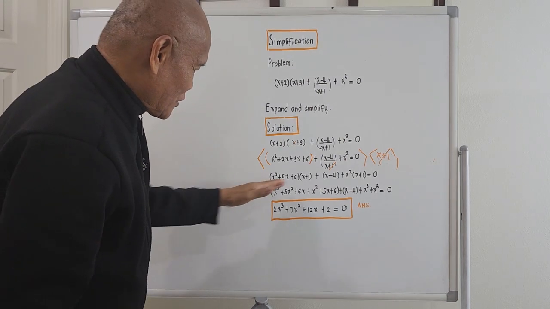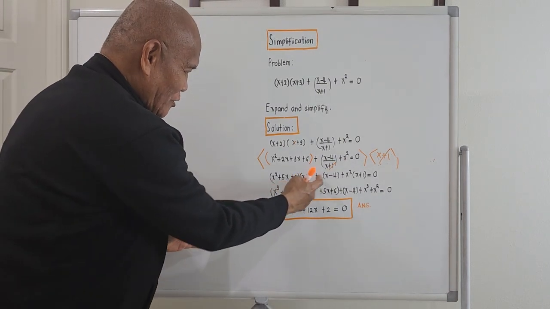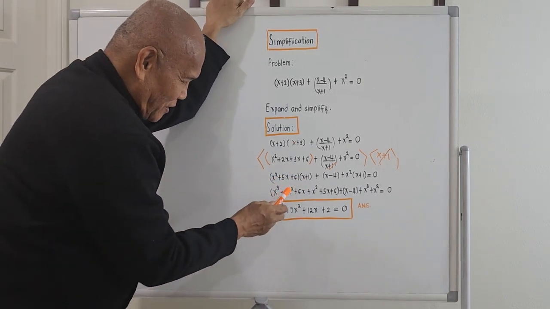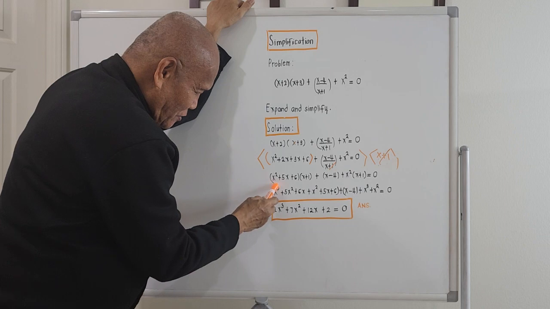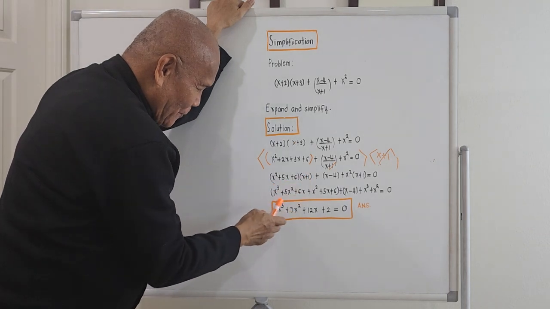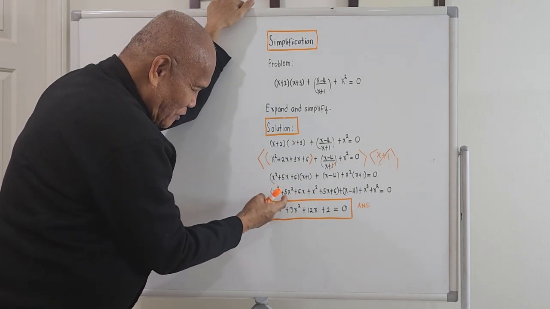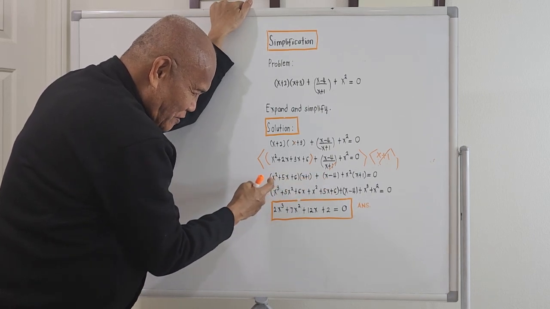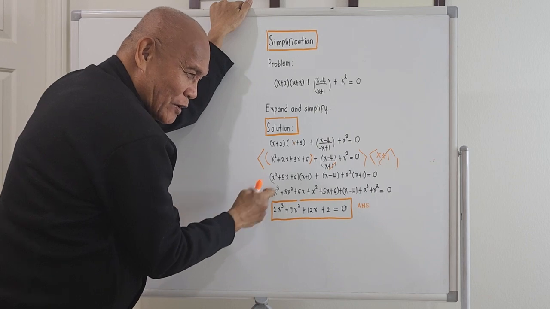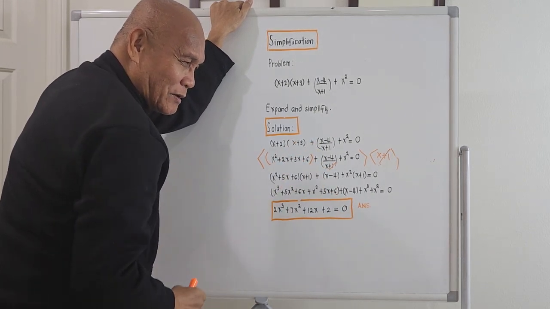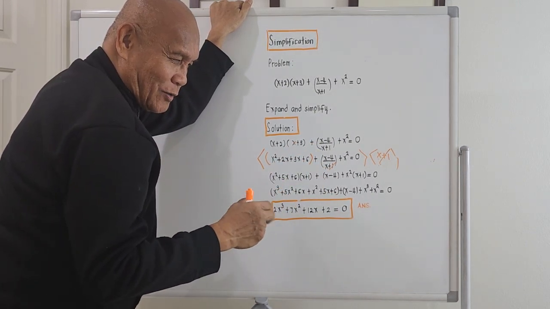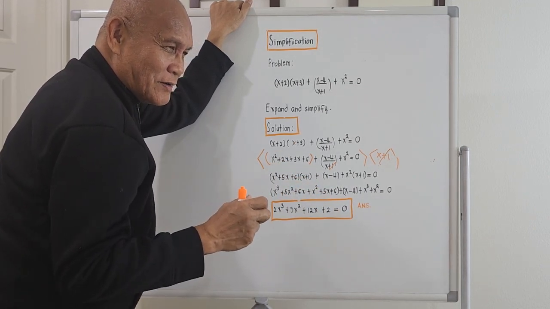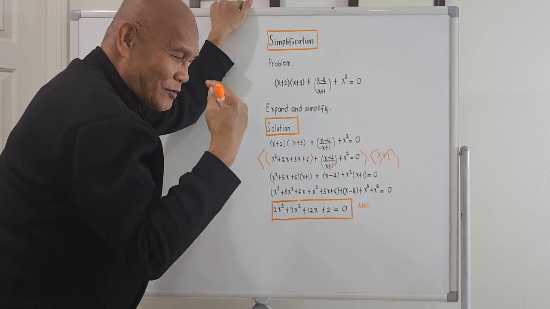For the first part, after the multiplication by x plus 1, now we are to expand again. It's just like we get x squared plus 5x plus 6 times x, and that will be x cubed plus 5x squared plus 6x, because x times x squared is actually x cubed. We use the laws of exponent. While you are simplifying, you are following a concept that is already in our mind.